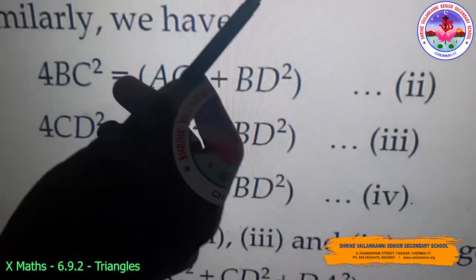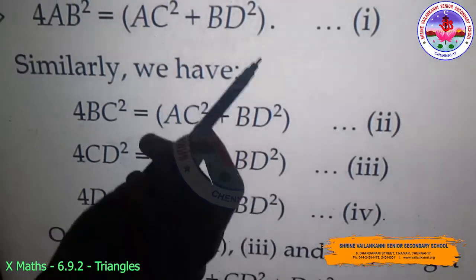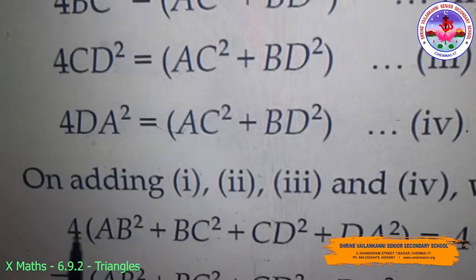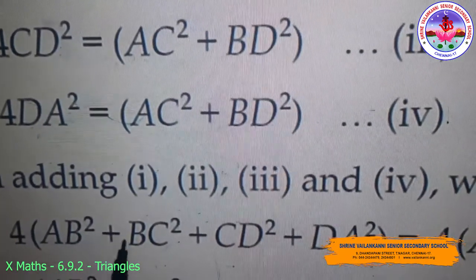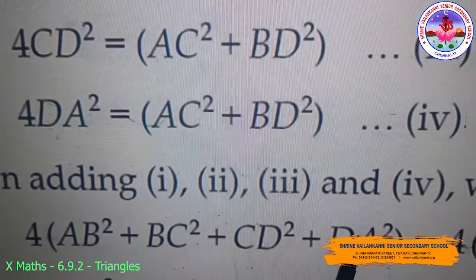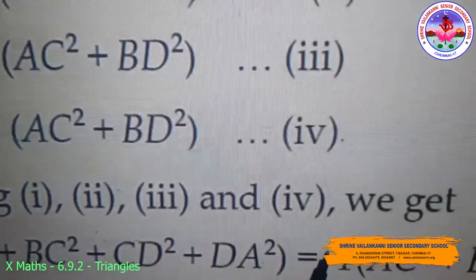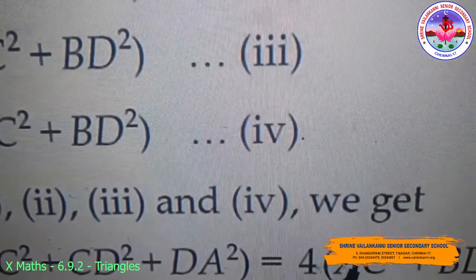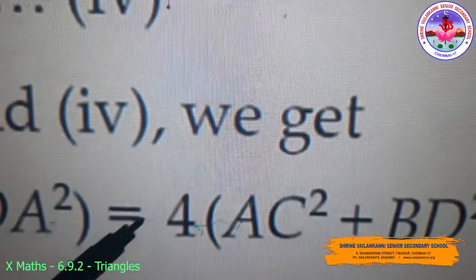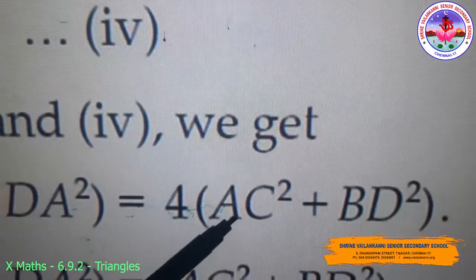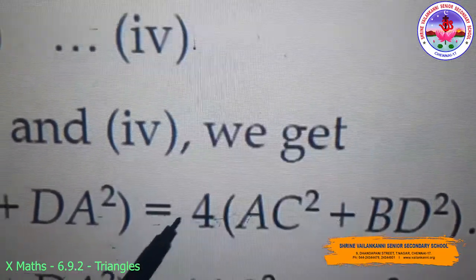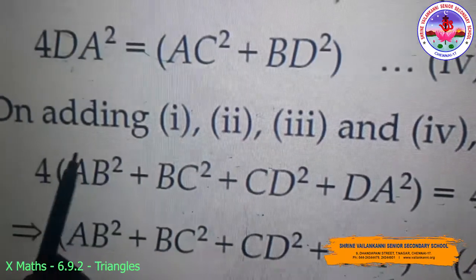So we got totally 4 equations. Adding all the 4 equations, we get 4AB square plus 4BC square plus 4CD square plus 4DA square is equal to 4 AC square plus 4 BD square, taking 4 outside.